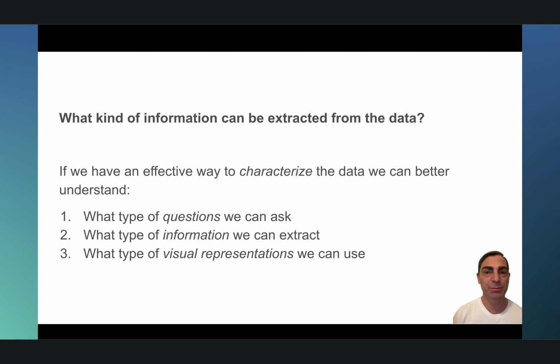So what kind of information can be extracted from the data? If we have an effective way to do that, to characterize the data, then we can better understand what type of questions we can ask, what type of information we can extract out of the data, and eventually, most importantly for the purposes of this course, what type of visual representations we can use.